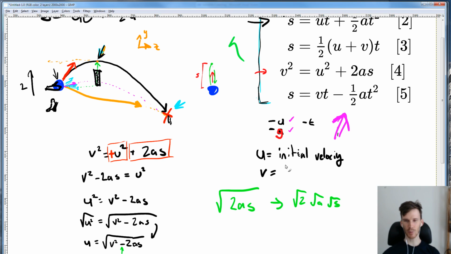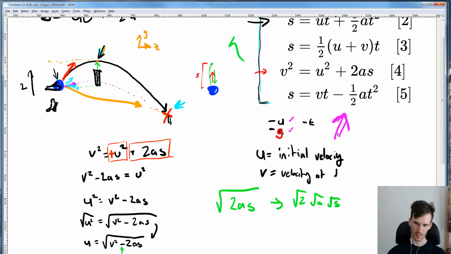Well, we haven't really talked about that, and that is the velocity at time t. Okay, so that is at plus u.